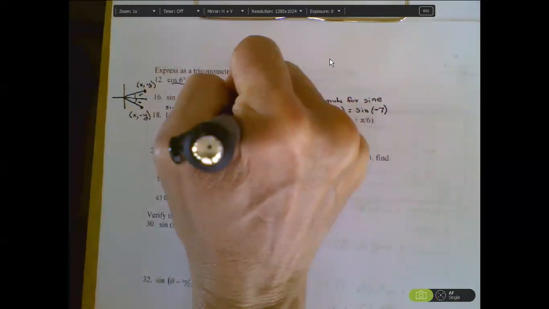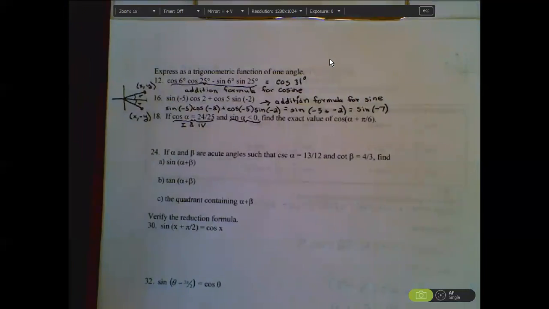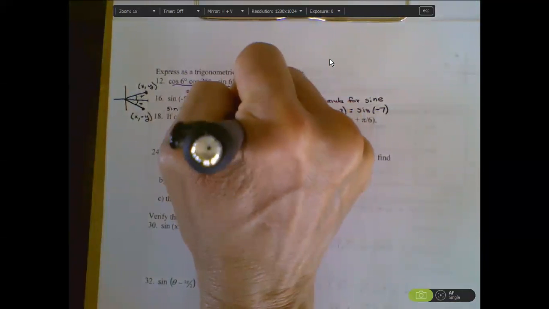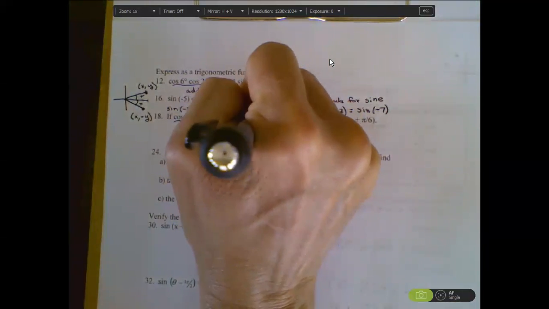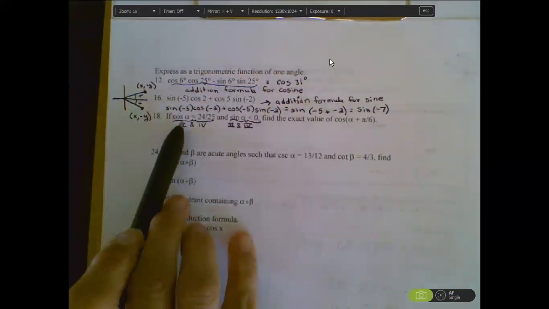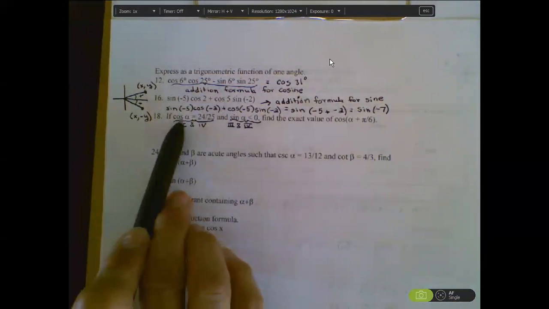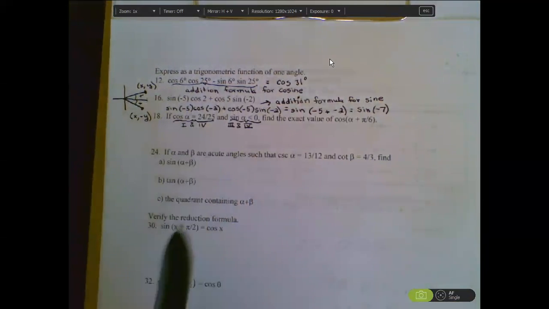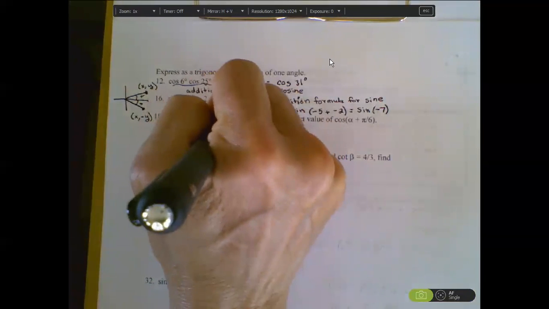And in what two quadrants is sine negative? 3 and 4. So based on the fact that we know both of these things are true, in what quadrant does alpha have to lie? 4. Yep.